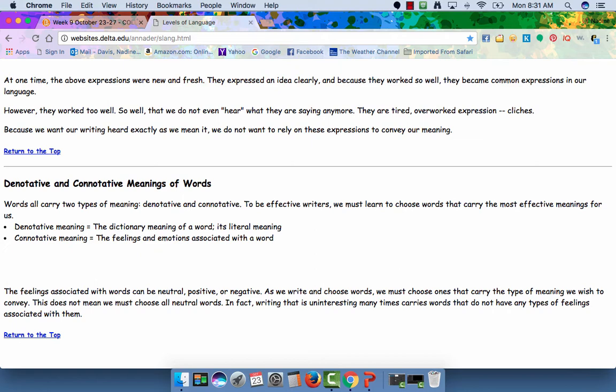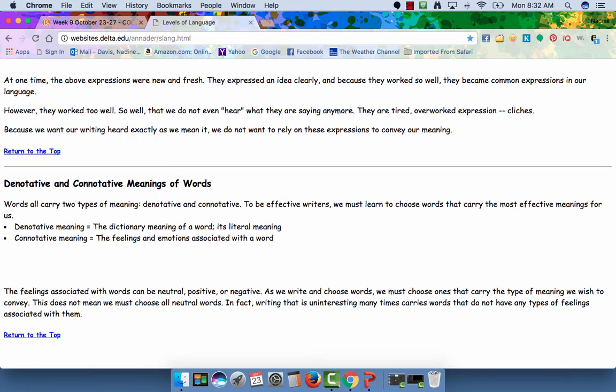So the connotative meaning associated with national anthem is much more emotional than it is the denotative meaning. So you need to pick your words that way. You need to pick your words in a way that convey the actual meaning, denotative, but that can have that sort of emotion that you want to convey in your papers.